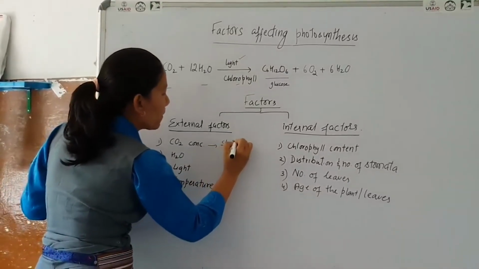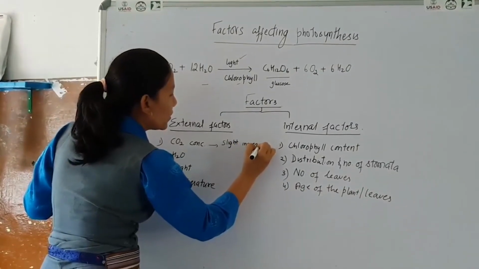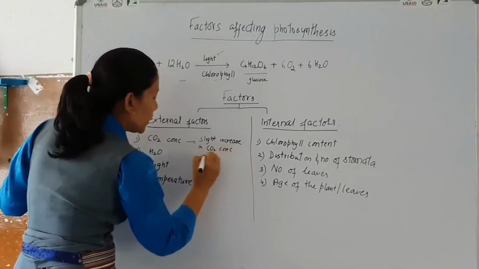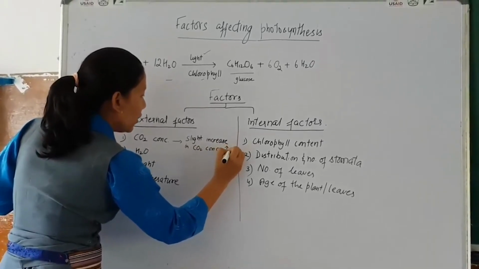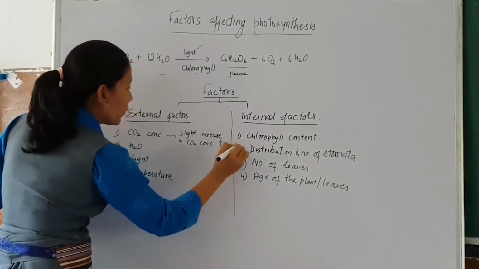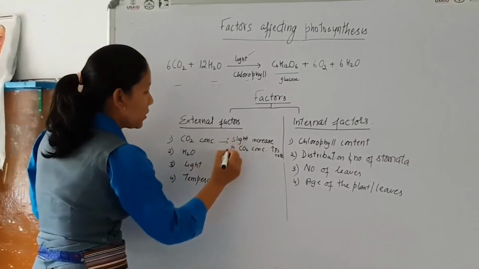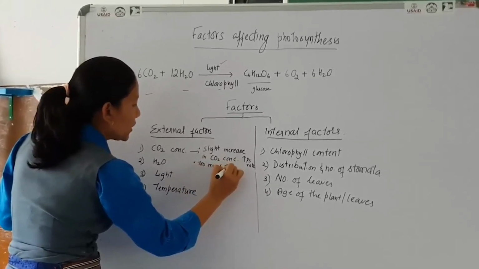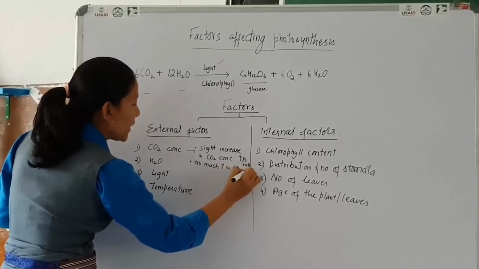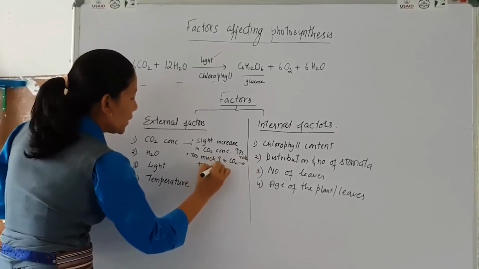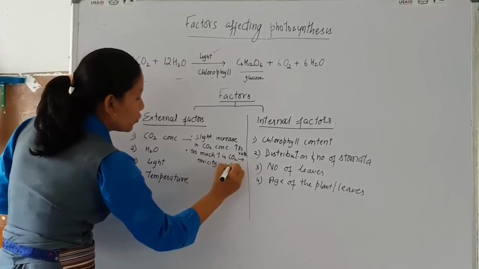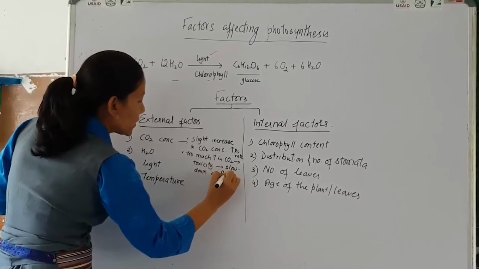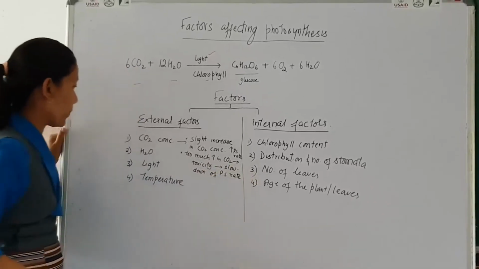So a slight increase in carbon dioxide concentration increases the photosynthesis rate, but too much increase in carbon dioxide leads to toxicity, which will slow down our photosynthesis rate.